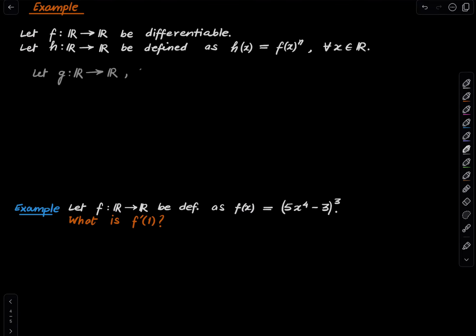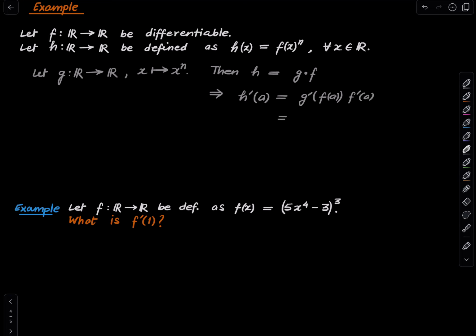G is x going to x to the power n. So then what is h? H is nothing but g composed with f. And therefore by chain rule, the derivative of h at any point, call it a, is the derivative of g at f of a times the derivative of f at a.